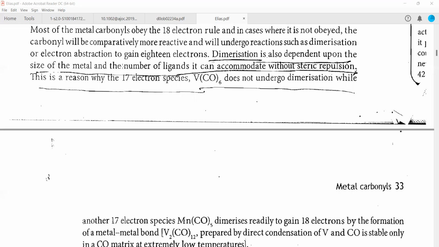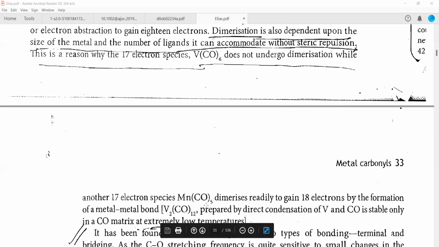Steric repulsion is the biggest thing that metal complexes don't want to be in. So this is the reason why a 17 electron species like vanadium, which is quite small, cannot dimerize, while another 17 electron species, manganese, can dimerize to form 18, because manganese is quite a bit larger in comparison to vanadium.